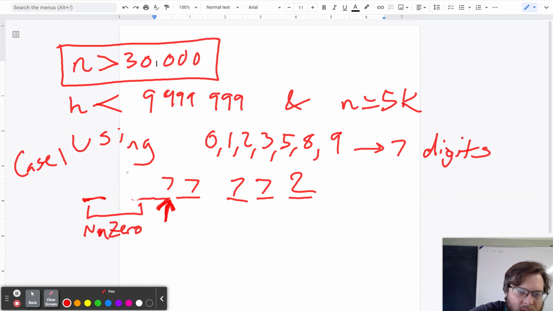Well, I guess we got to do it one at a time. Okay, so we'll do it in 2 different cases. So we'll just make this one non-zero first. So there's 6 options for that.